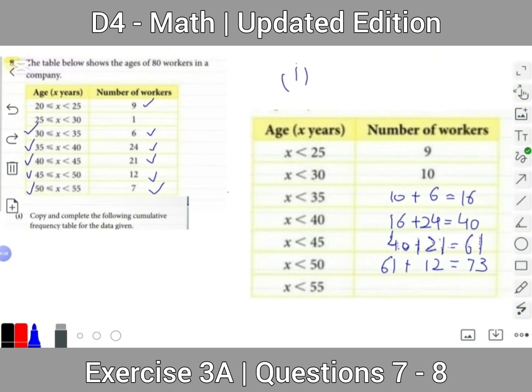So we will add this new frequency of 7 into the previous total. So 73 plus 7 gives us the cumulative frequency of 80. So this is the completed cumulative frequency table.